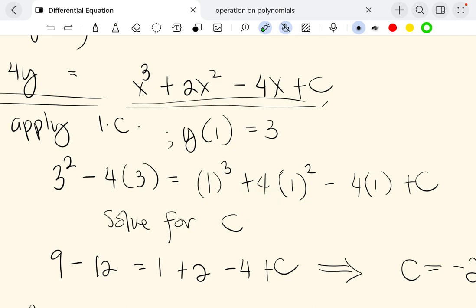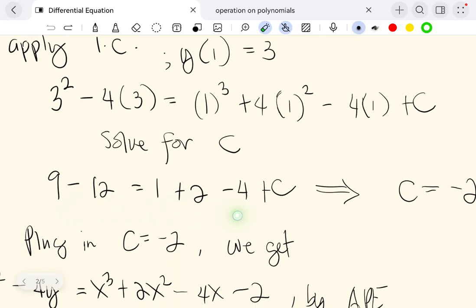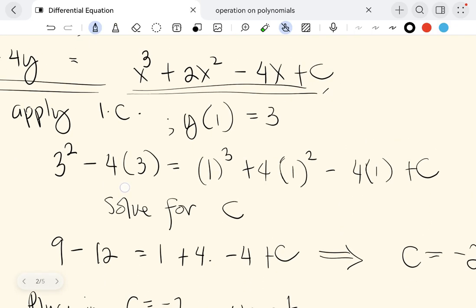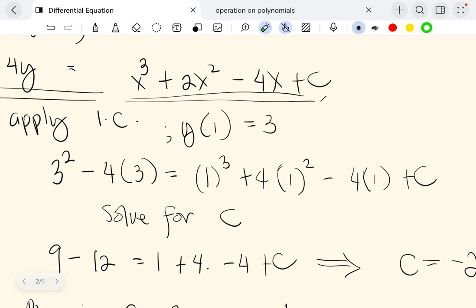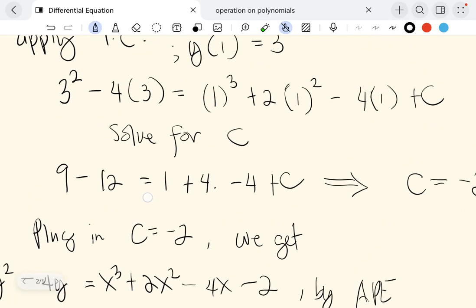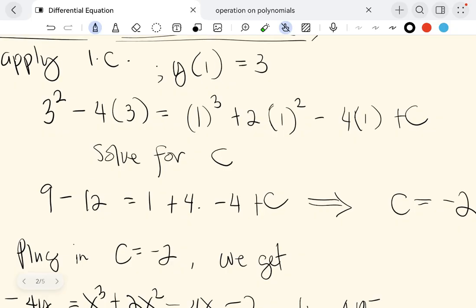So we will end up here. Wait. 1 plus 2 minus 4 plus C. Is this really what I wrote here? Okay, it should be 2 here.